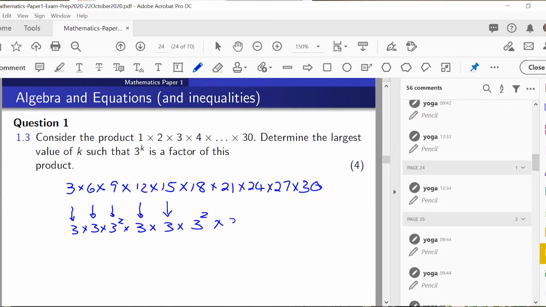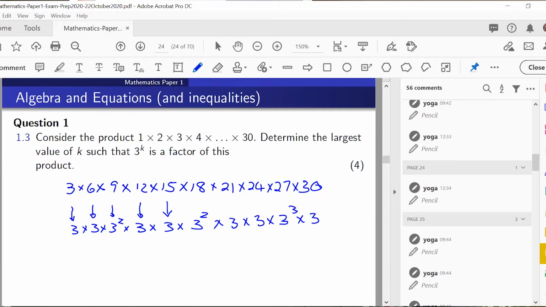And here we have only 1 three because 21 is 3 multiplied by 7. 24 is 3 multiplied by 8. 27 is 3 times 3 times 3, which is 3 cubed. And 30 is 3 times 10. And we have got only 1 three there.